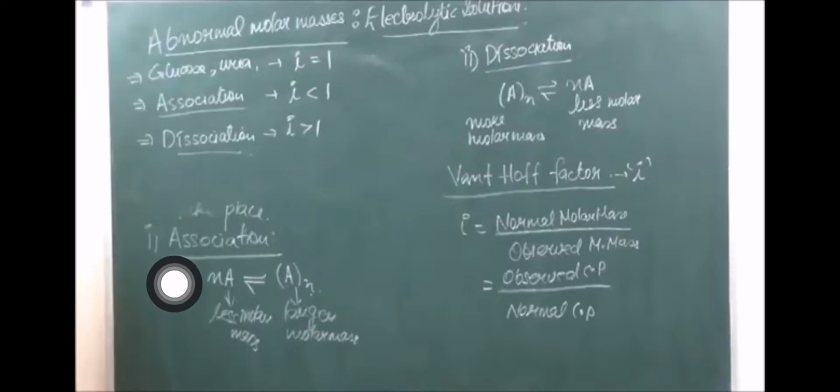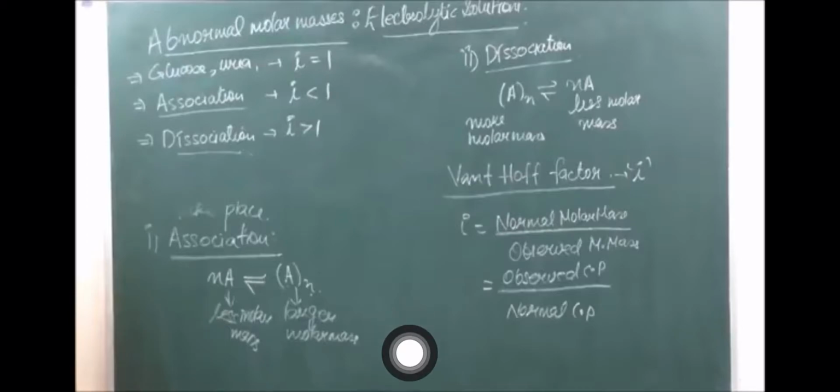Number one, we know that there are two possibilities, that is association and dissociation. When we are talking about association, suppose we are taking A as the component, and in front I have taken N, that is the number of components. So there are N number of component A, right?